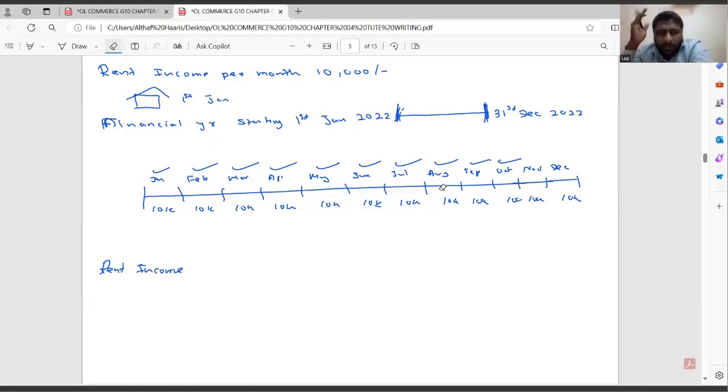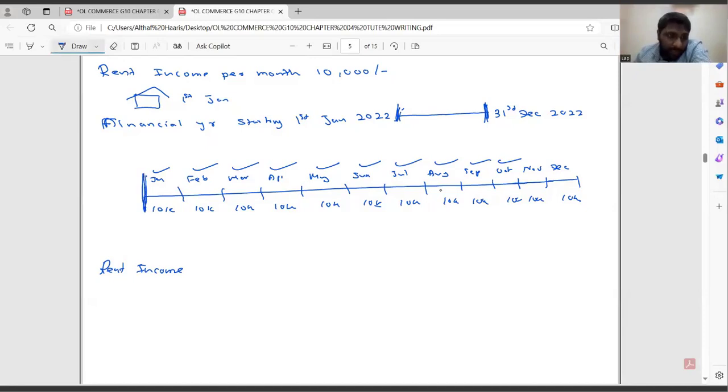In accounting world, income means the amount relevant for the financial period. So this is the start day of the financial period. This is the end day of the financial period. Then all the students tell me, from the start day to end day, how much is the relevant amount? 120,000. Super. Now a lot of students are giving me the correct answer.